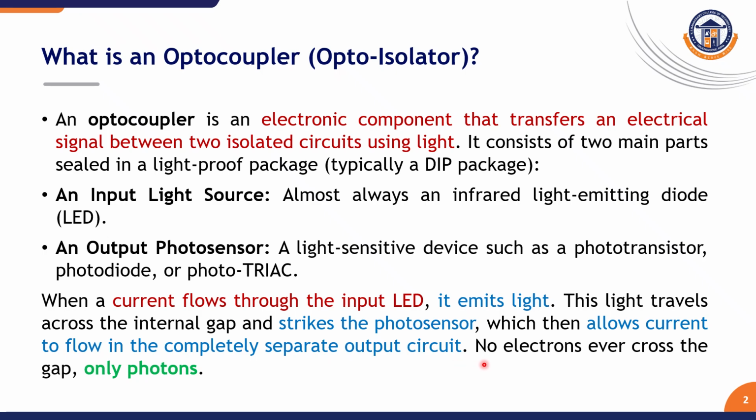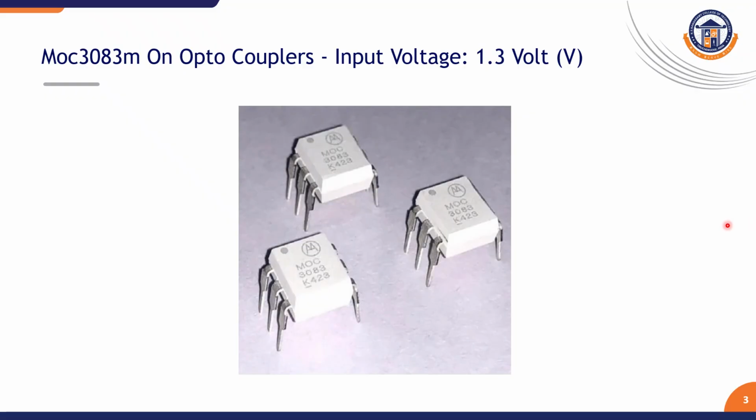But we have to note that no electrons ever cross the gap between the light source and the phototransistor. Only the photons, the light, are emitted, which allows the current to flow through the circuit. This is the image of the optocoupler, which is available in the market in the range of 1.3 volt.